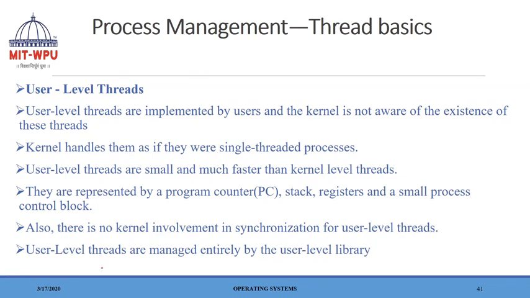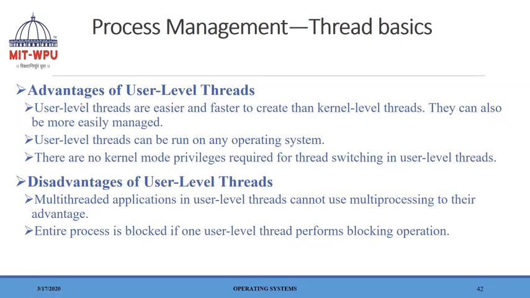One of the user level libraries is POSIX, that is Portable Operating System Interface for Unix-like systems, that is the POSIX thread library. Advantages of user level threads. User level threads are easier and faster to create than kernel level threads as these threads are created in the user space.